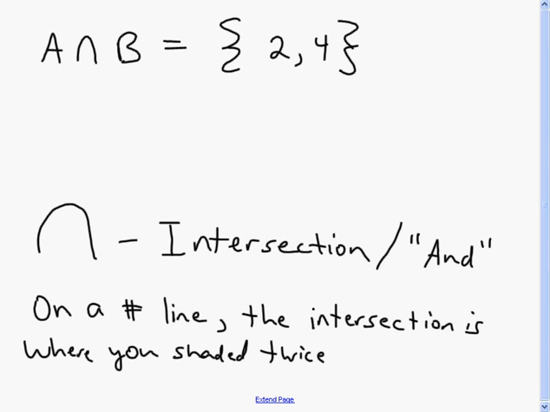Or if you want to think of it, it's where they overlap. So if you have two colors, it's where the two colors overlap. So for me, where my blue and my red are going to overlap, that is going to be the intersection of my sets.